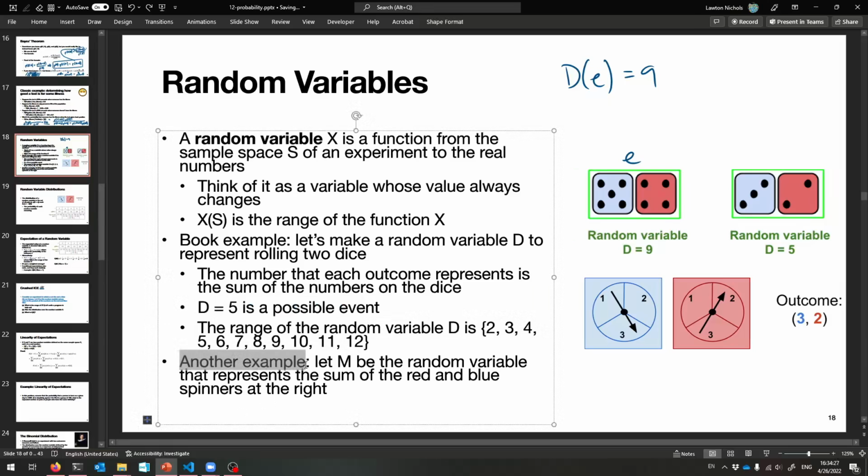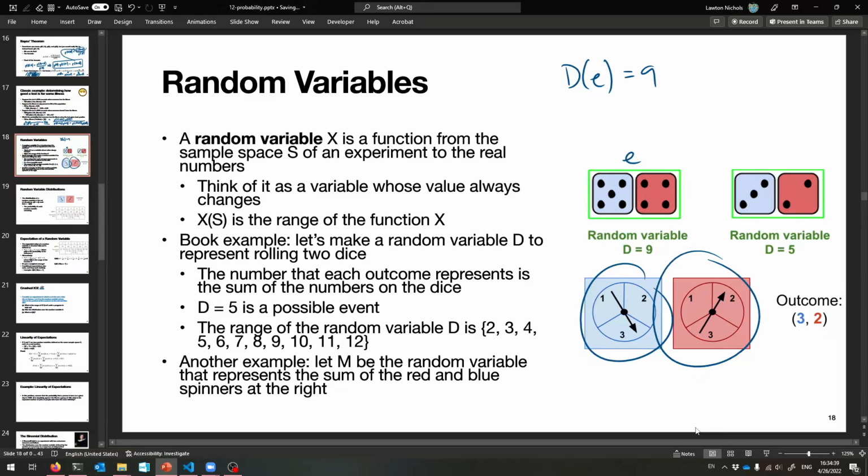Here's another example. Let's let M be the random variable that represents the sum of 2 spinners. So you have 2 spinners, a red one and a blue one, that each hold 3 different options, 1, 2, or 3, and we can let M be the random variable that represents the sum of those 2 spinners. So say we rolled these 2 in this way, we got this outcome.